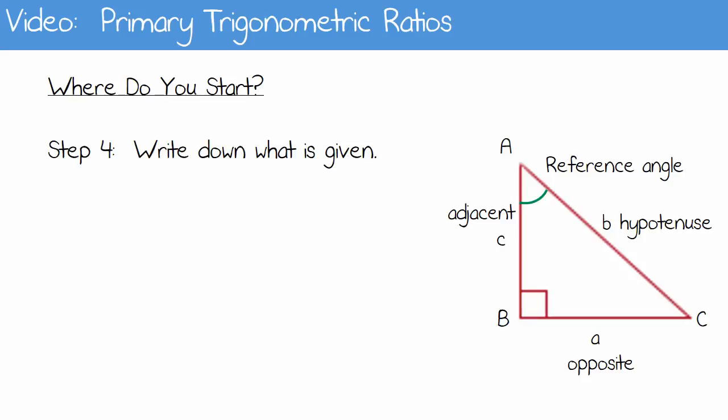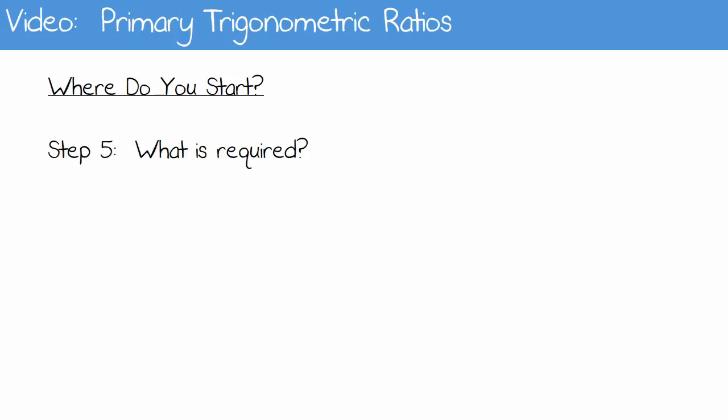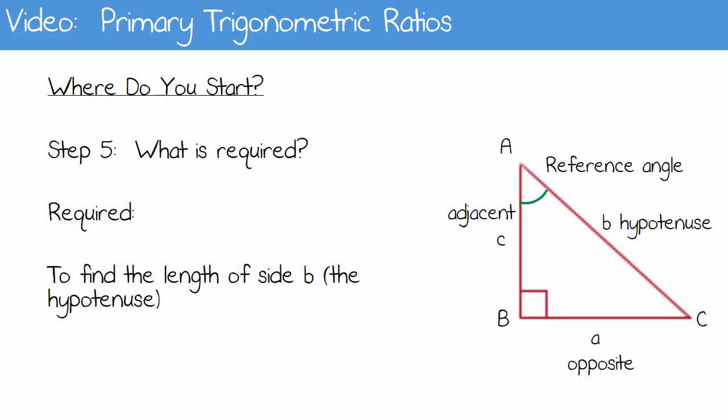Write down what is given in the question. From the question, we know that angle A is 40 degrees. We know that side a, or the opposite side, is 5 centimeters. What is required? To find the length of side b, which in our diagram represents the hypotenuse.